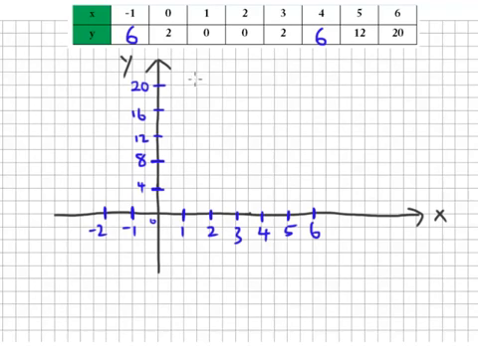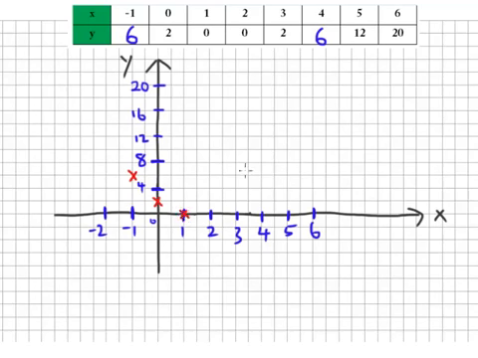And now we plot the points. The first one is -1, and then the y is 6. So -1 here, 6 would be here. Here this is 4, after 4 will be 6, 8, 10, 12. Then we have 0, 2, so 0, 2 will be here. When x is 1, y is 0, so we have another point here.